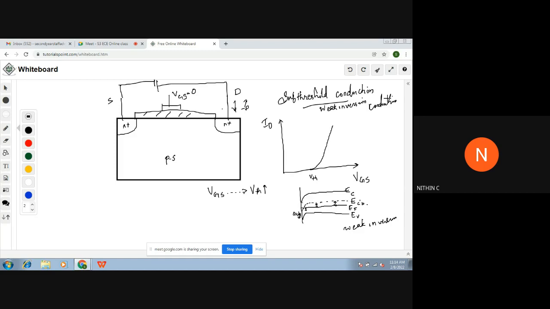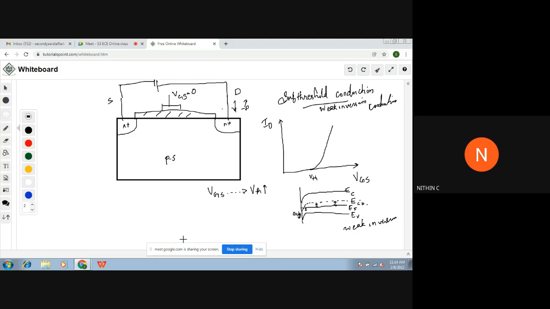Usually നമ്മൾ പഠിച്ചിട്ടുള്ളത് the conduction starts only after VTH or strong inversion, but there will be a weak inversion conduction in the inversion mode of operation also. Not strong inversion, inversion mode of operation also you will be having some current flow. And that particular phenomenon is called sub-threshold conduction or weak inversion conduction.